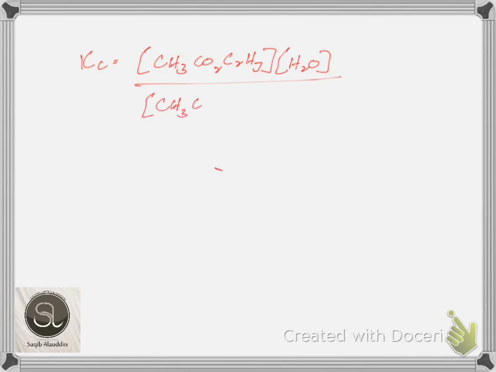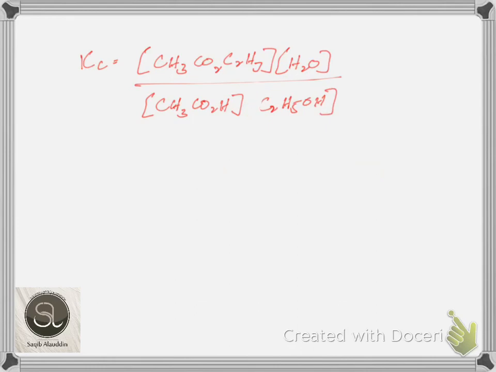The expression of Kc is the concentration of products upon the concentration of reactants, each raised to the power of its coefficient in the balanced equation.